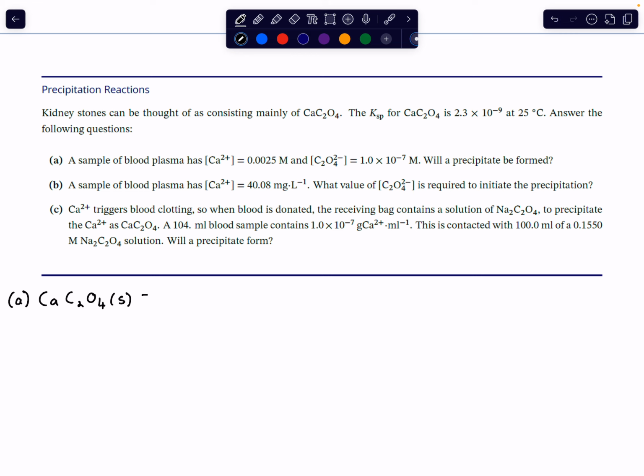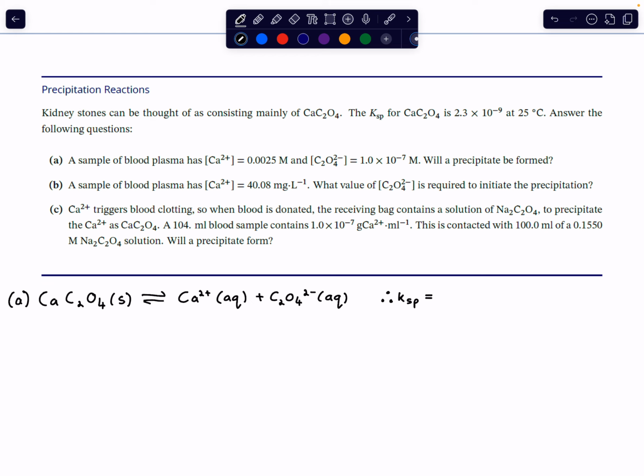Calcium oxalate solid will be in equilibrium with the two ions, which is calcium 2 plus, because there's one calcium for every oxalate anion, and the oxalate anion has a charge of 2 minus. So that is our solubility equilibrium that we are interested in. And that has a KSP that we are given.